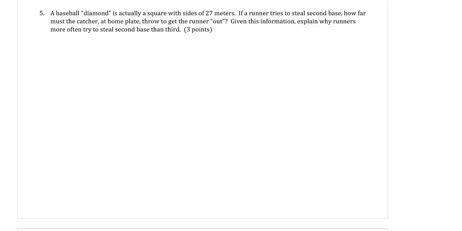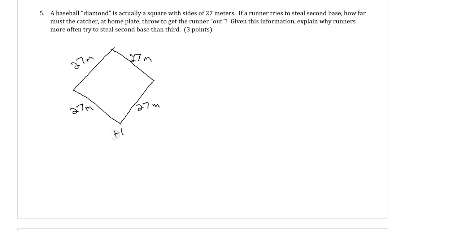So I'm going to draw our baseball diamond. And it has sides of 27 meters. How far must the catcher at home plate throw to get the runner? The runner tries to steal second, right?